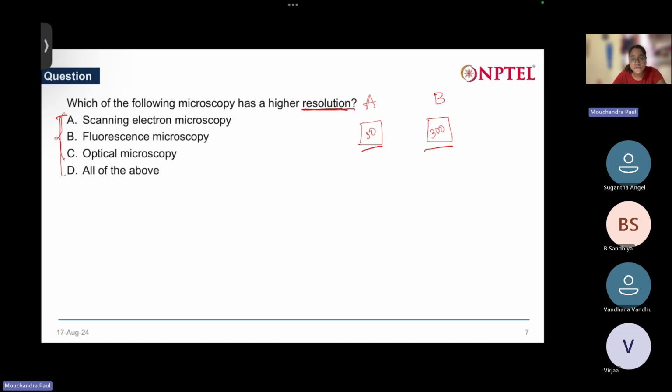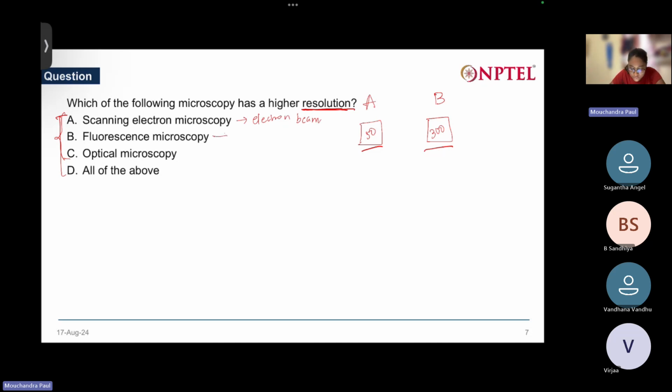Similarly, in a microscope as well, some source of lighting should be there to illuminate your sample, whichever object you're trying to take an image of. So in a scanning electron microscope, we use an electron beam as the light source. The electron beam falls on your material, and then we capture the image. Wherever it is falling, we can capture images at different magnifications, from very low magnification to very high magnification.